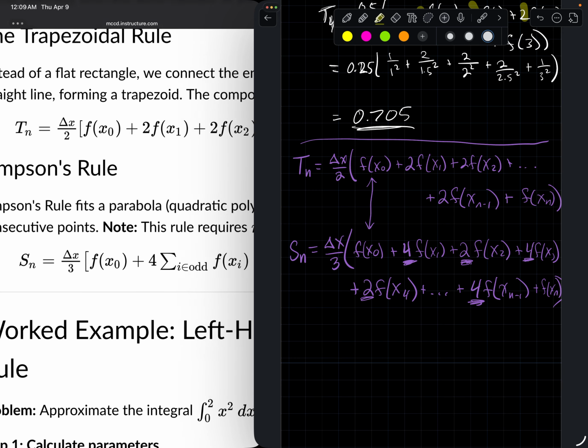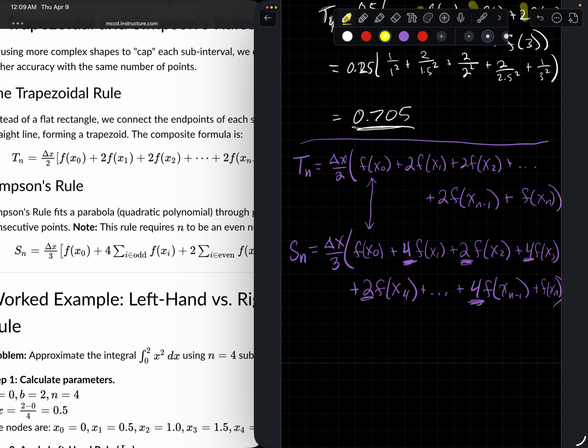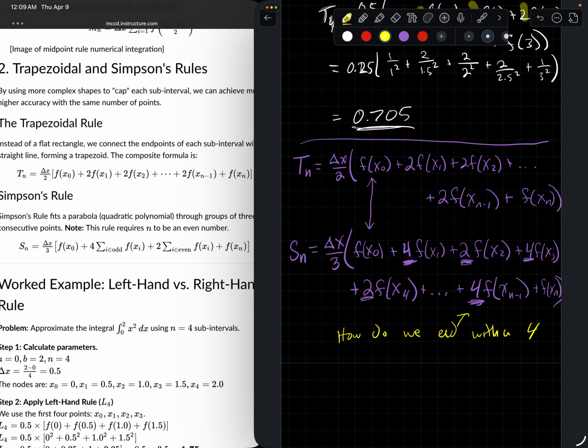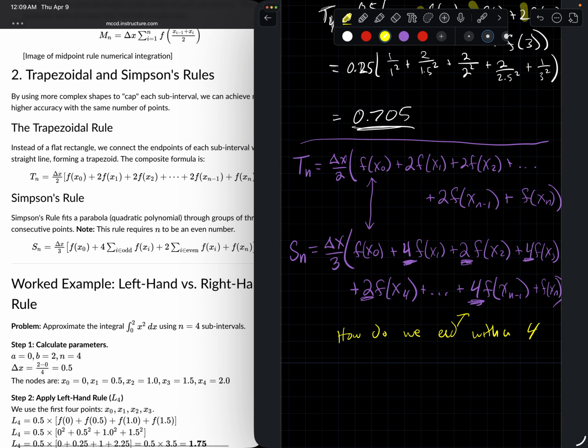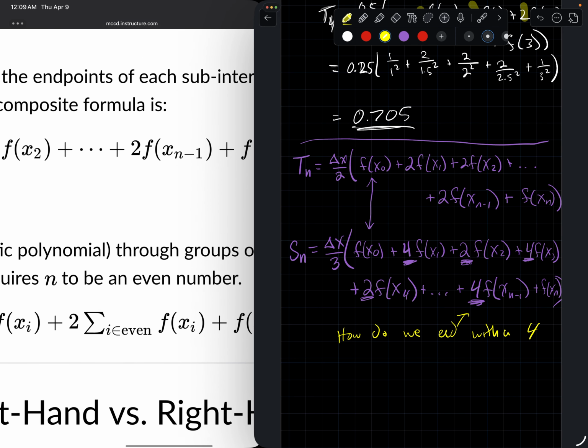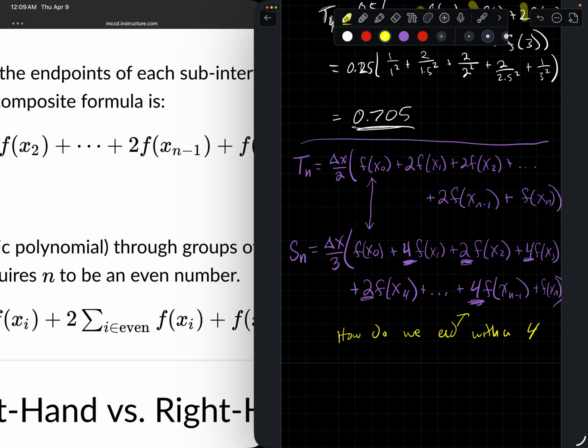Now, I said that a few times: how do we end with a 4 for that pattern? Well, if you look at Simpson's rule carefully, it says that the rule requires n to be an even number.